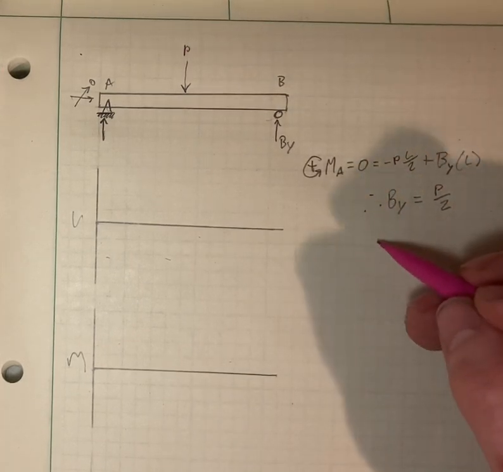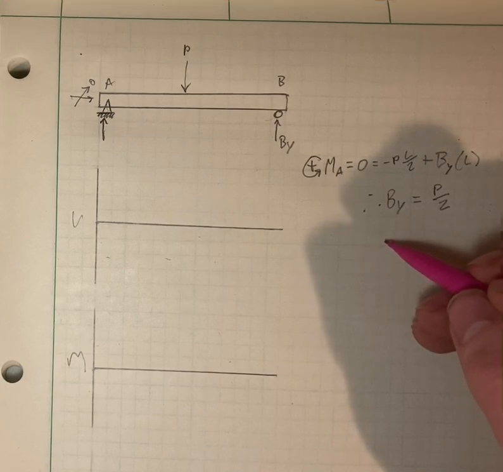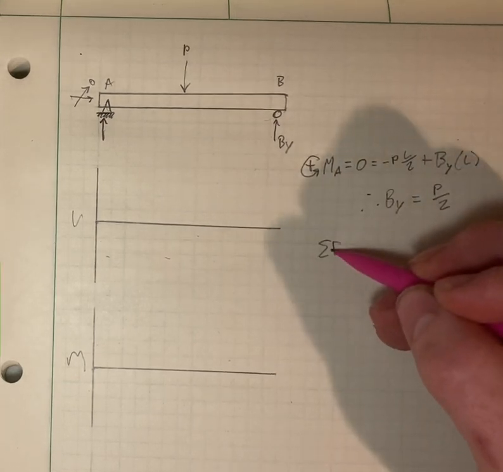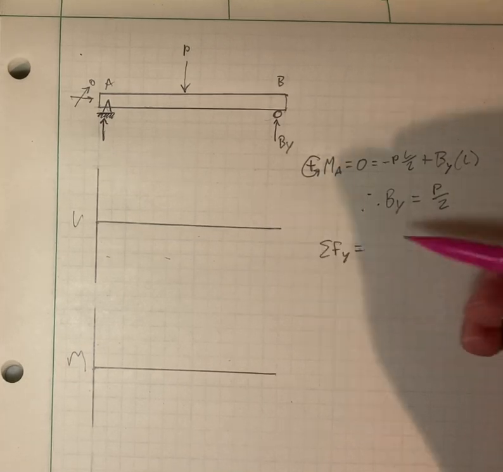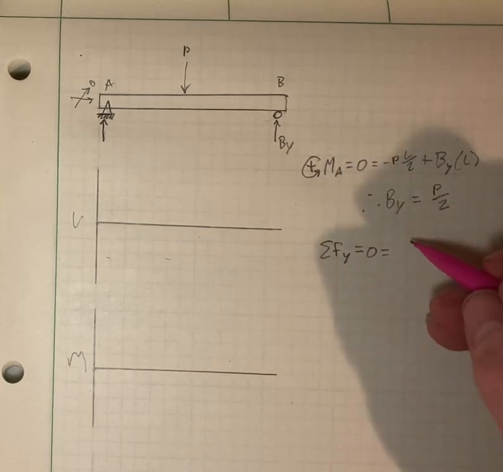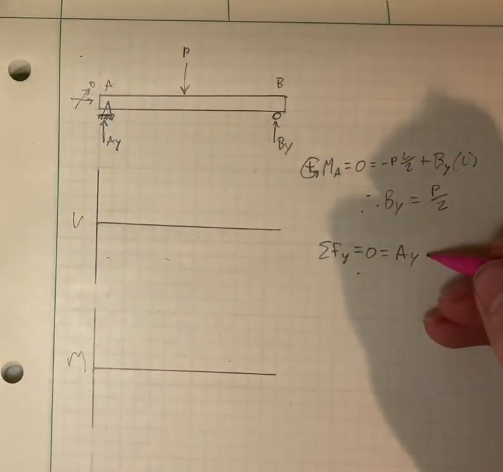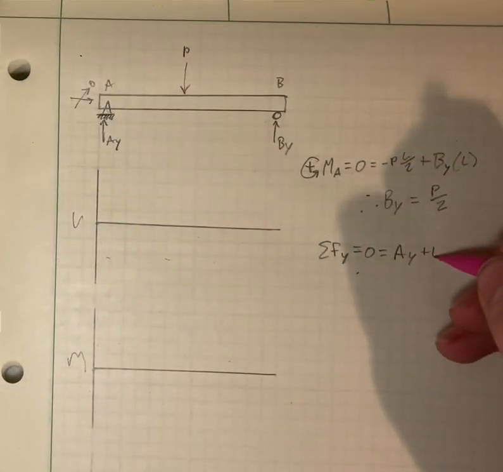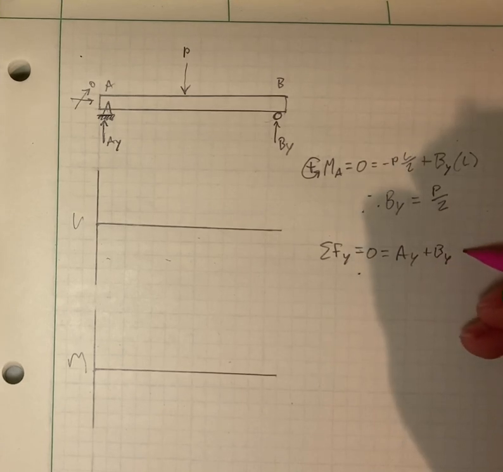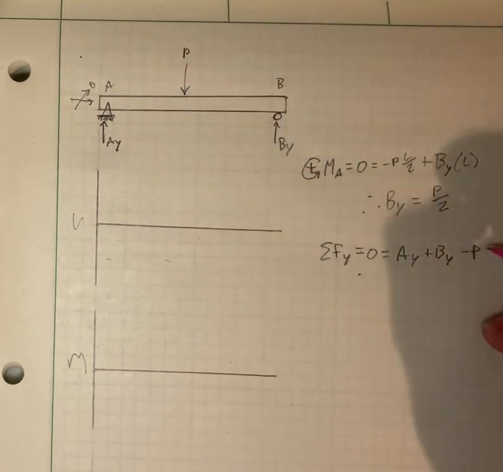So we can assume that, or let's sum the forces in the y. Equals 0 equals Ay plus By minus P. Those are our three forces.